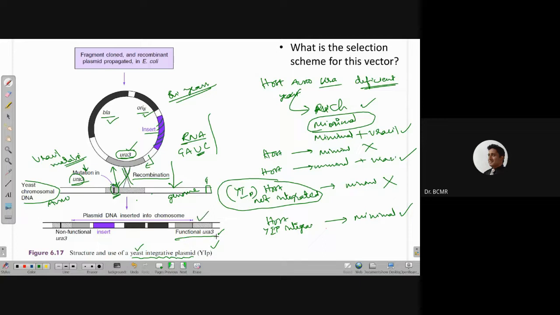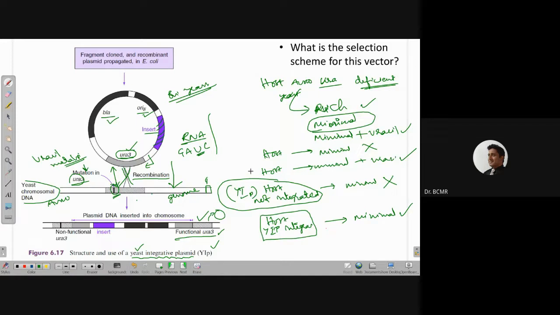It will be expressed and produce the enzyme required for uracil biosynthesis, and then these will grow.